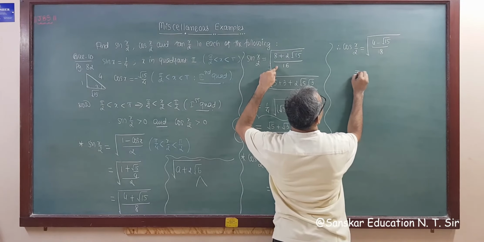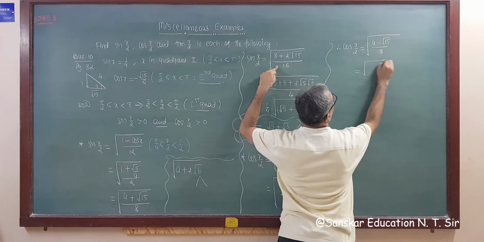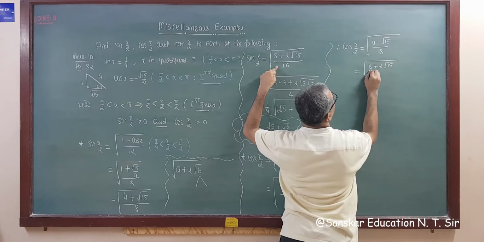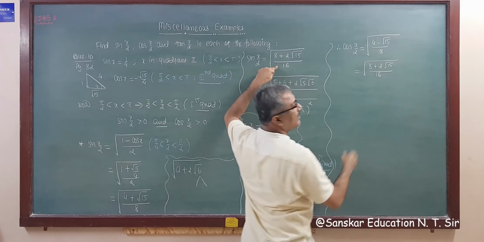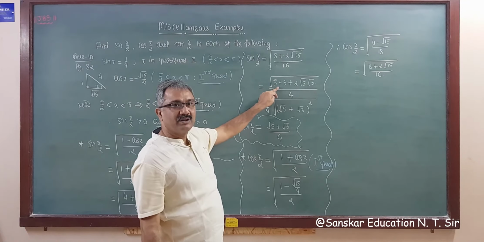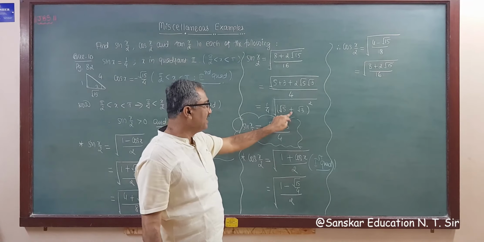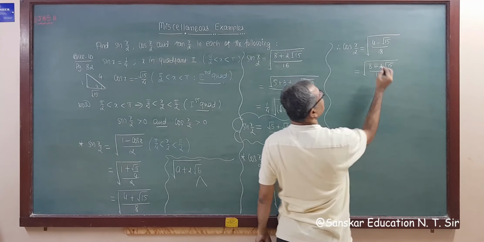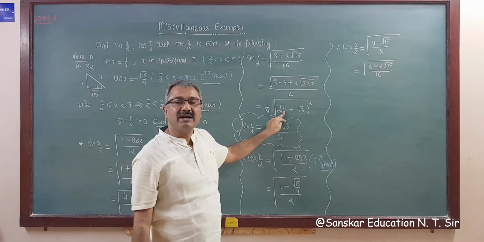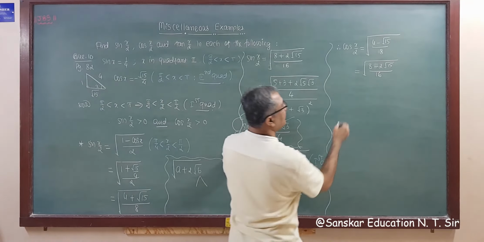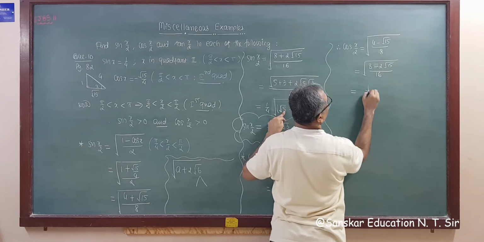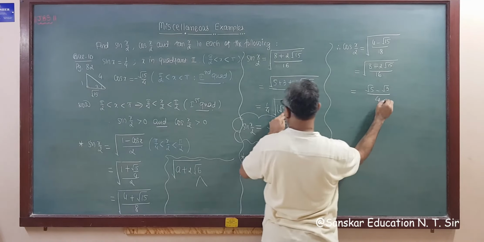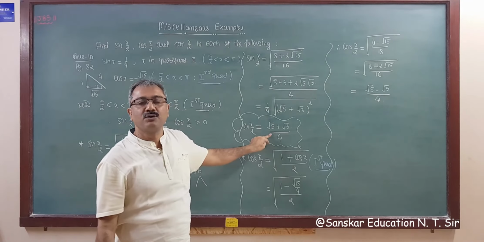So cos x by 2 is equal to square root of 8 plus 2 root 15 divided by 16. Right? So if we split this out, sorry, this is minus, so what we get here is root 5 minus root 3 whole square. So I am writing directly here, this is root 5 minus root 3 divided by 4.